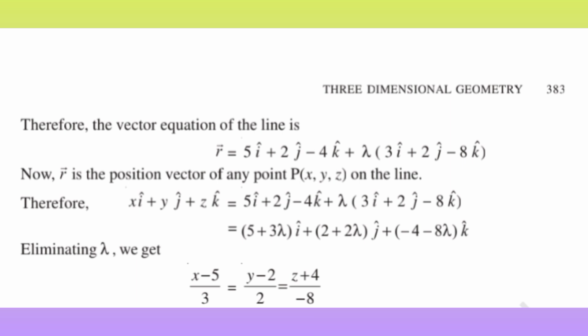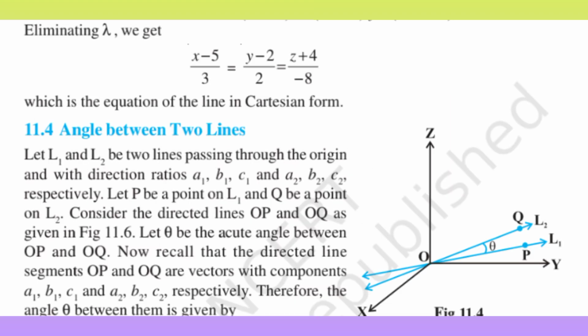Eliminating lambda, we get x minus 5 divided by 3, is equal to y minus 2 divided by 2, is equal to z plus 4 divided by minus 8. This is the equation of the line in Cartesian form.